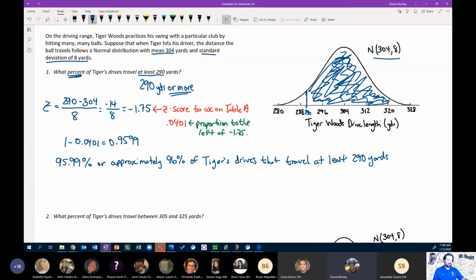Anything I can clarify? Okay. Is it okay if I go to the next example?